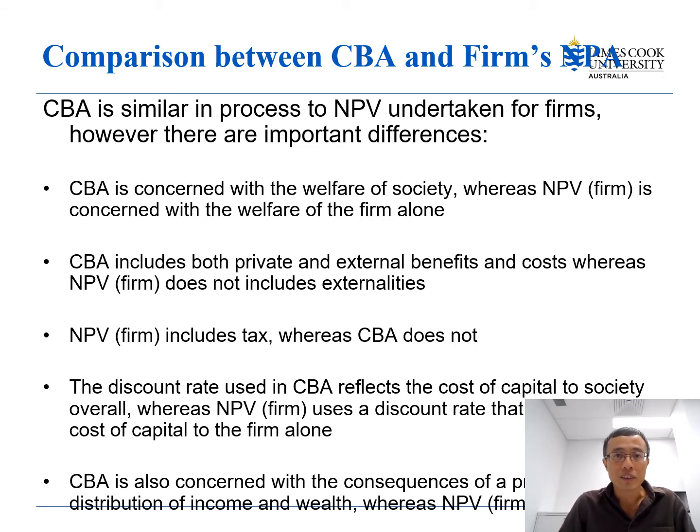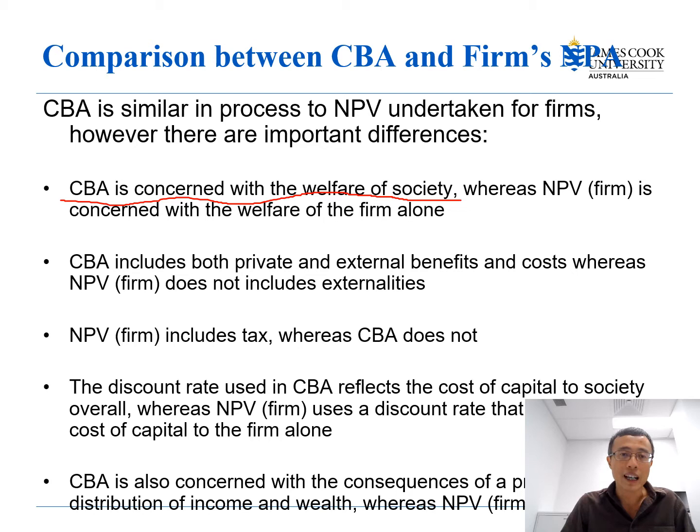However, there are some important differences. For example, first, CBA is concerned with the welfare of society. So the standpoints are different. In CBA we are standing at society's point of view. In the firm's NPV analysis, you are standing at the firm's point of view.